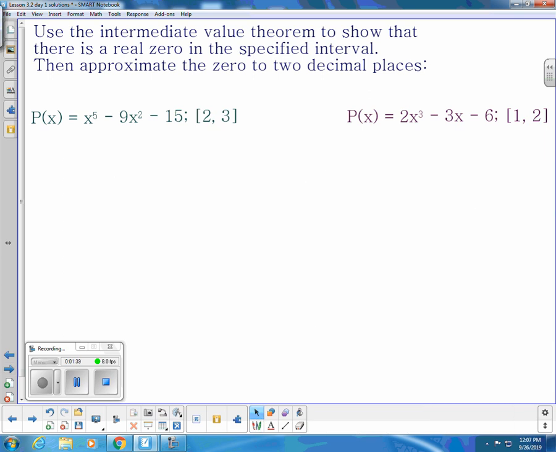All right. So the first function we are going to plug in the interval they gave you, a 2 and a 3. So we're going to plug a 2 in. Everybody's doing this, I'm sure, on their calculators. So 2 to the 5th minus 9 times 2 squared minus 15.